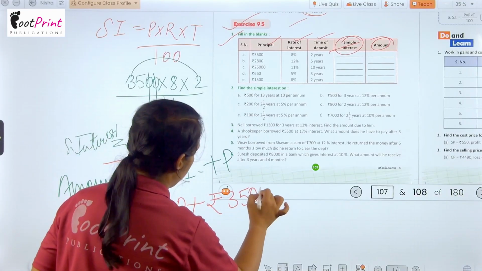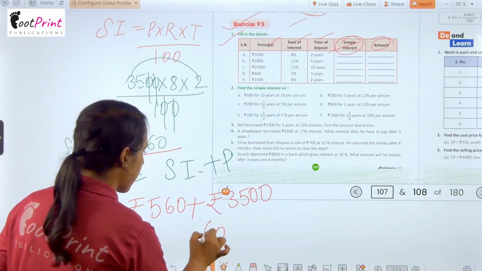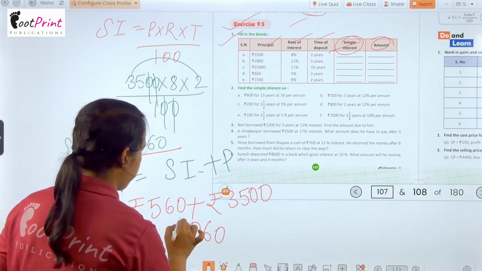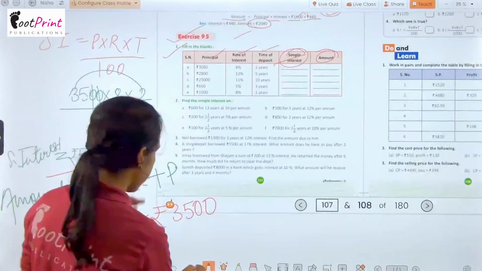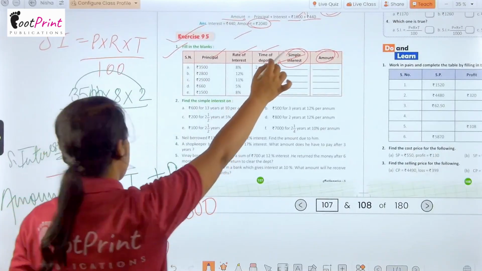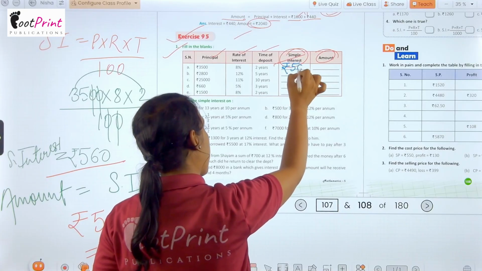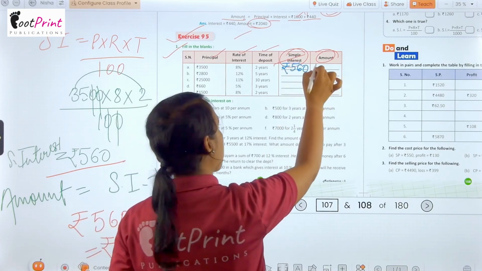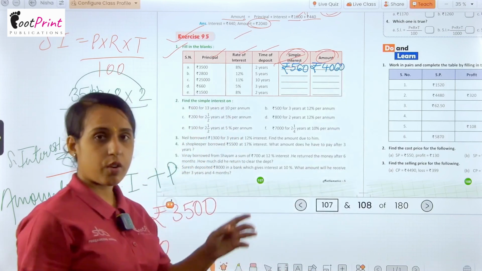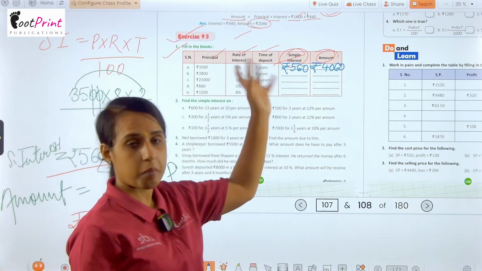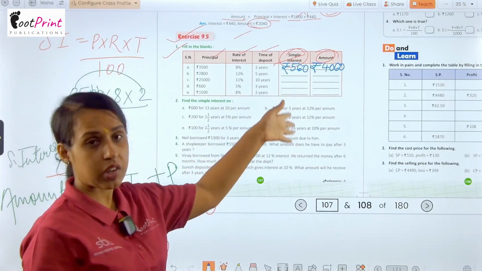After adding it we get 4060 rupees. So here we can write simple interest is 560 rupees and the amount is 4060 rupees. Okay, so in this manner you can find out simple interest and write in the blanks simple interest and amount.